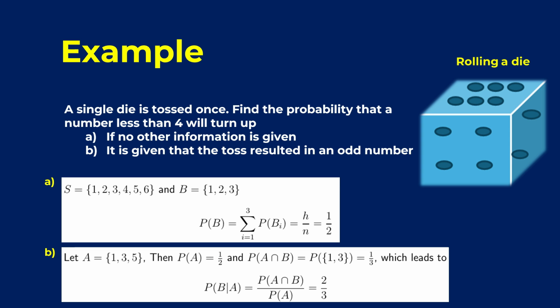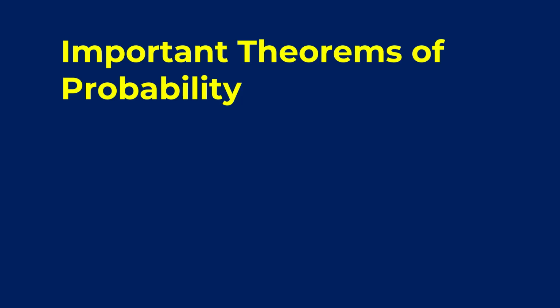Then the probability of A and B can also be calculated to be 1 by 3. If we plug these into the conditional probability equation, we see that the probability of B given A is equal to 2 by 3.